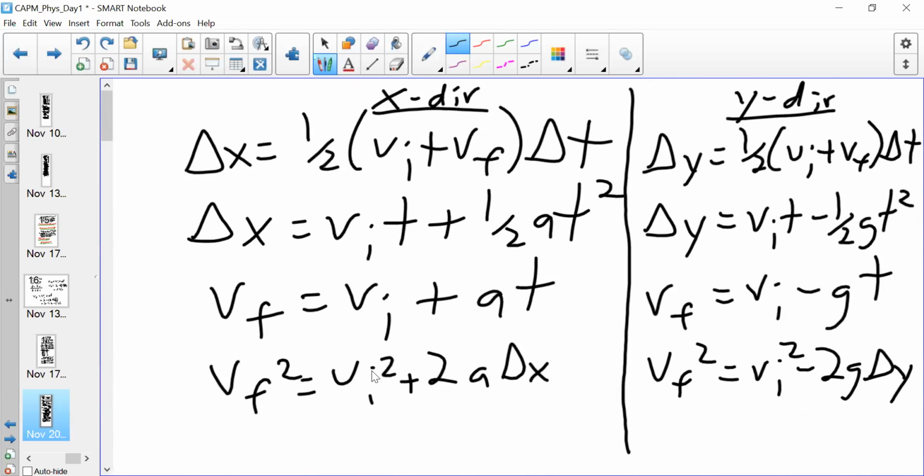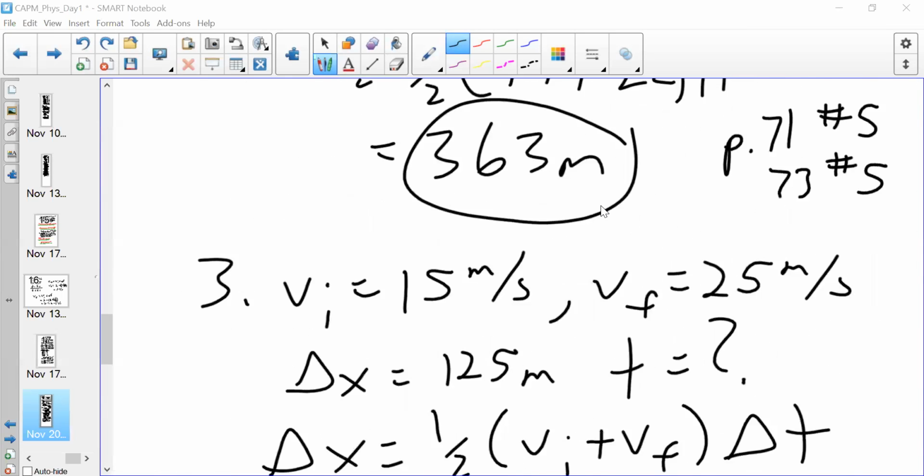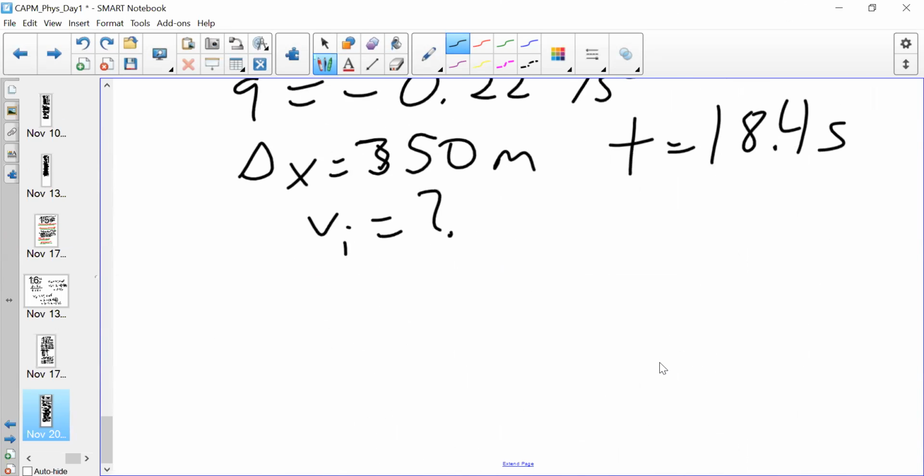With these type of problems, you have to write down what you know and then pick the one equation that's going to solve for the unknown thing, which is VI. Which equation works the best? The second one? The second one looks pretty good. Okay, the second equation looks viable.